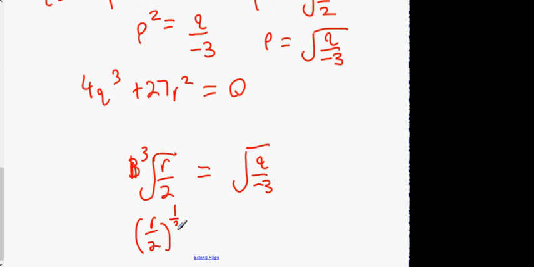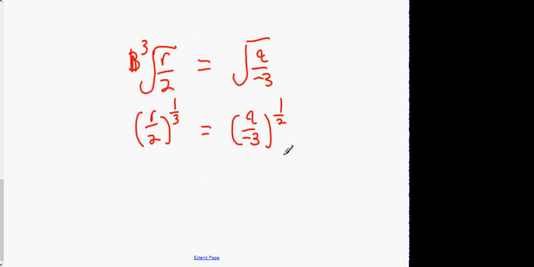To the power of a third. And this one to the power of a half. Now, what gets rid of both of these? If I do both sides to the power of 6, what will happen? It'll get rid of the 3 and it'll get rid of the 2.